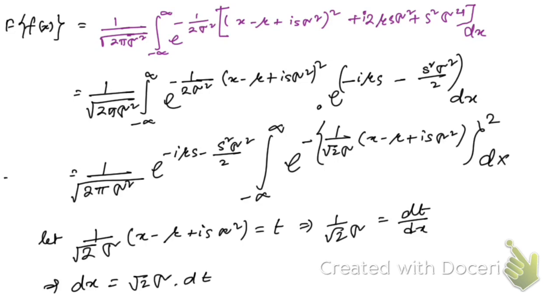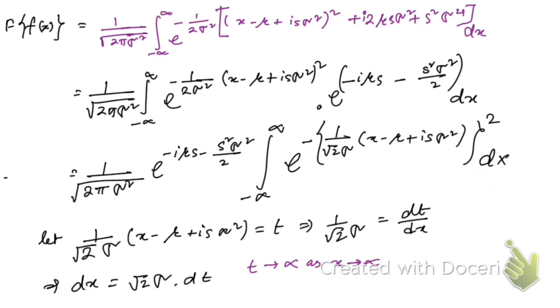So in this case, if you see this relation, it is obvious that t tends to infinity as x tends to infinity, so there will be no change in the limit. So using this substitution, we can replace this one by t, and we can replace dx by root 2 sigma dt, and doing so we're gonna get this result.